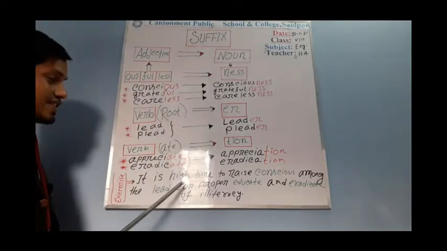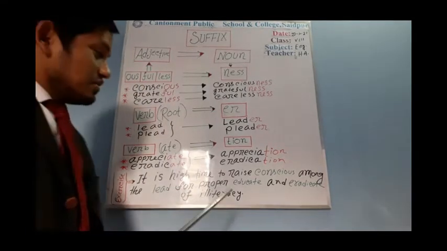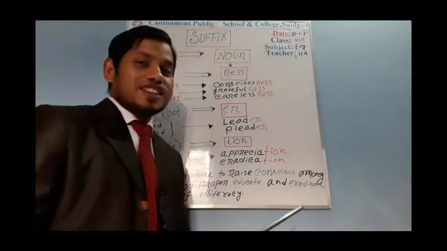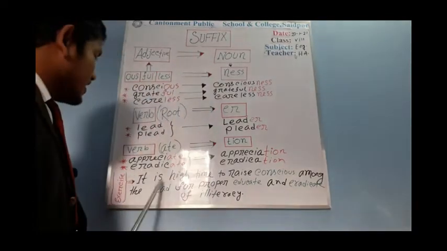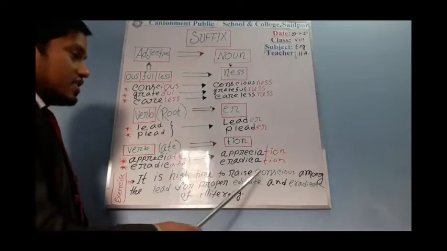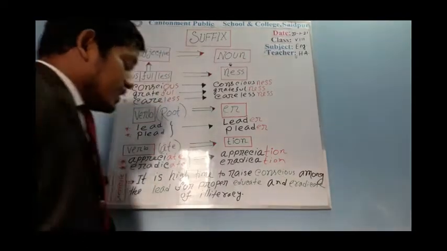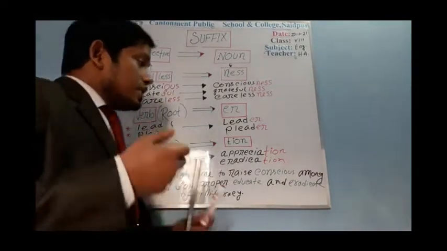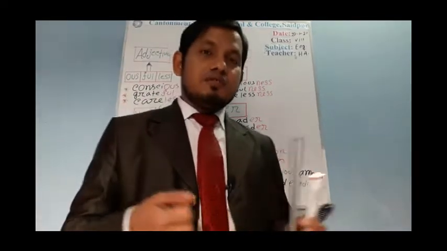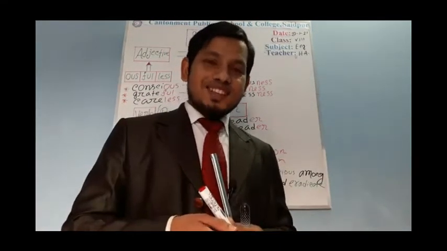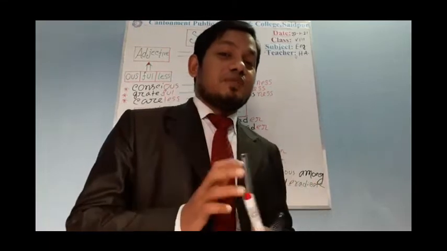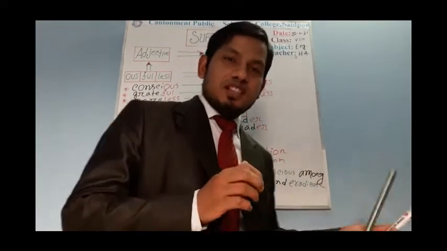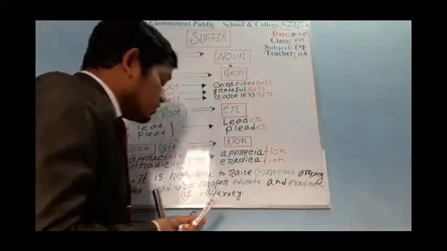So learners, I want to clarify before you this green colored word in the sentence: "It is high time to raise conscience among." If we keep the word unchanged, it will give a wrong meaning. It will not give a very correct and perfect meaning. It will give an improper meaning. Learners, what should we do now?